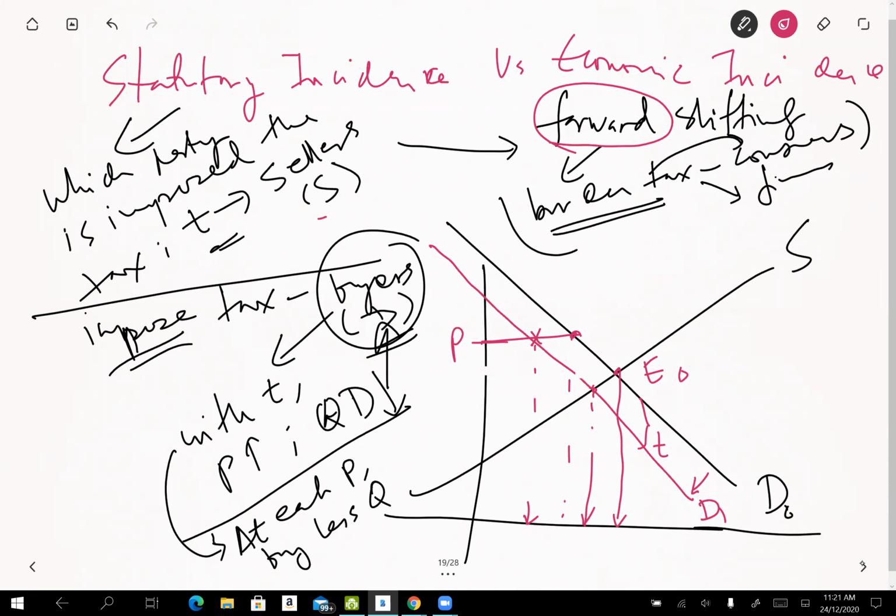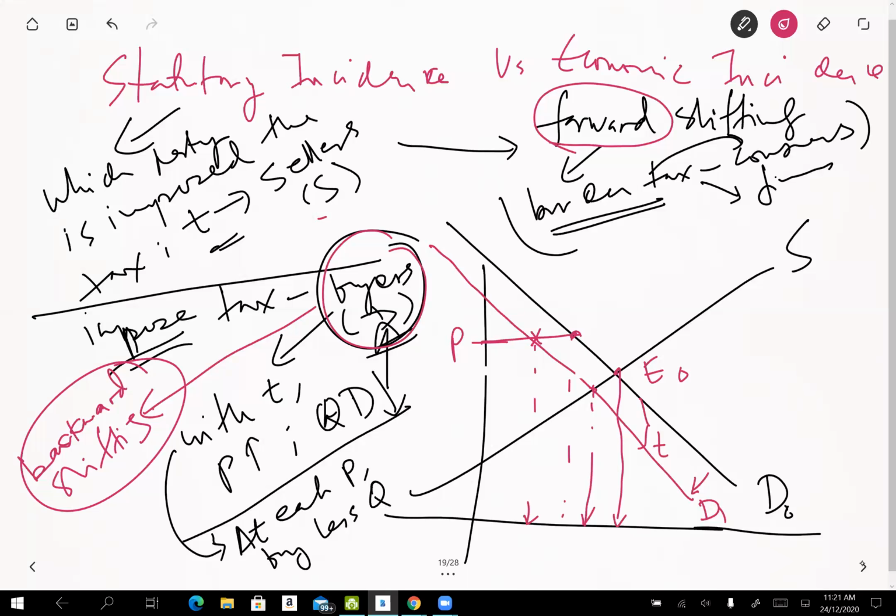Now, if the buyers are imposed the tax, some of the burden of the tax will be transferred to the firms. We call it backward shifting. So forward means from the firms to the consumers, and backward means from the consumers to the firms.